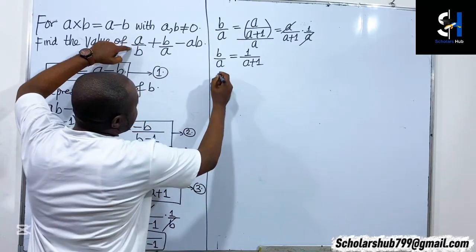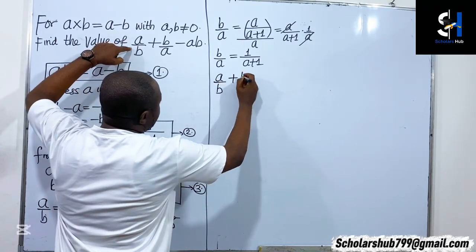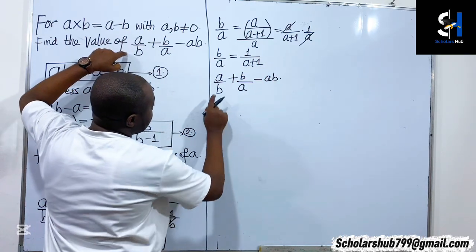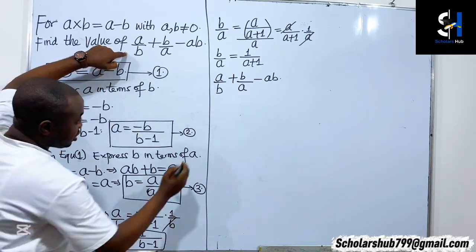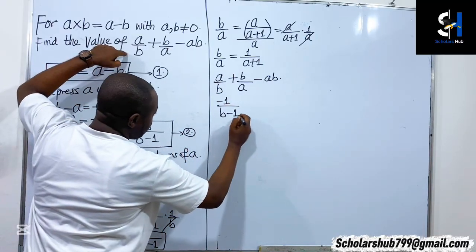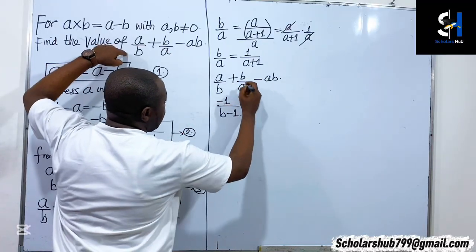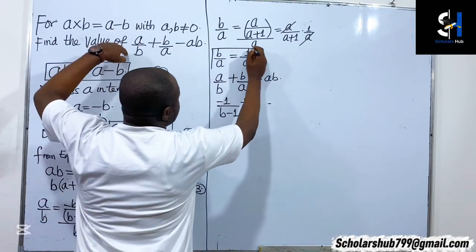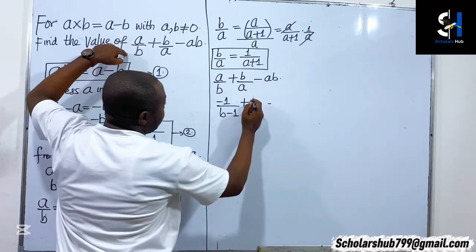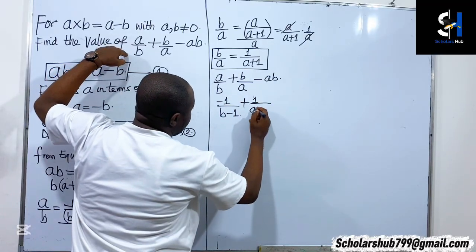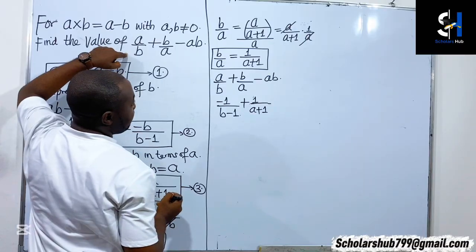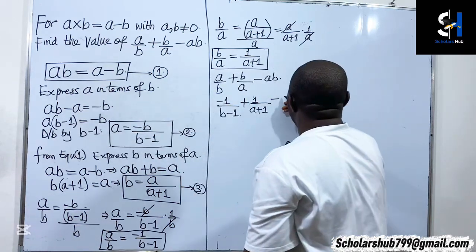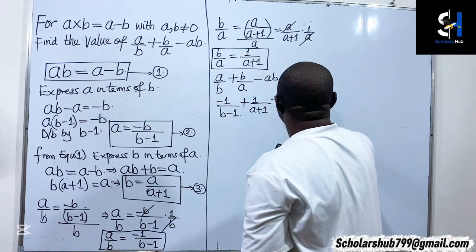So for this expression, which is a over b plus b over a minus ab, for a over b we got negative 1 over b minus 1, plus b over a, which is 1 over a plus 1, then minus ab, which is equal to a minus b.